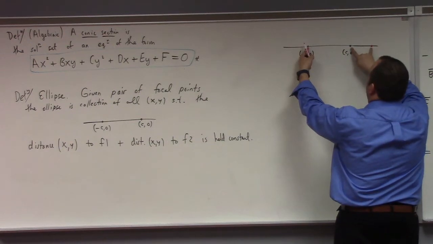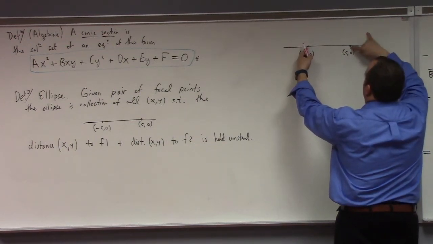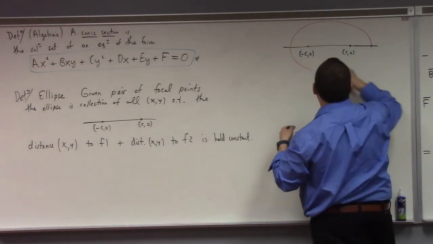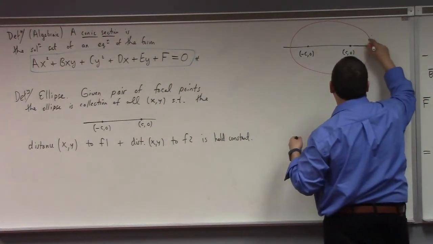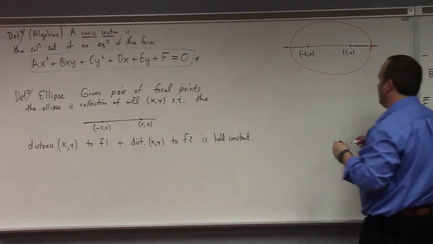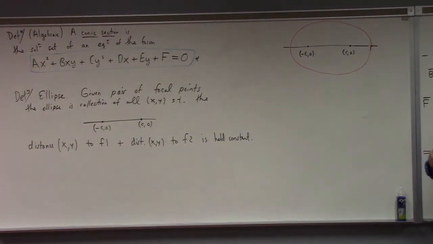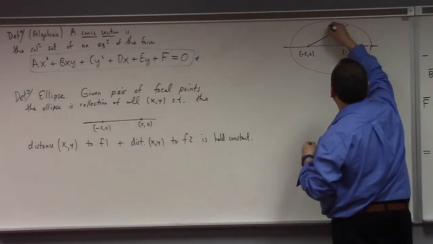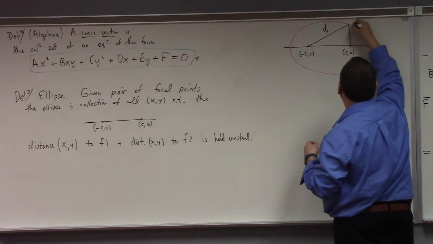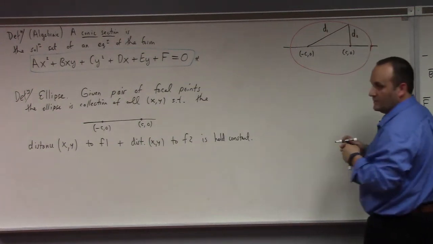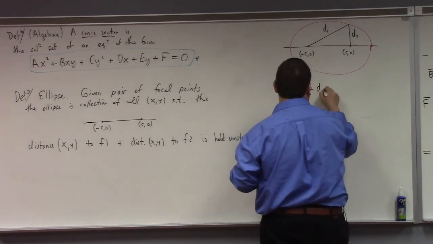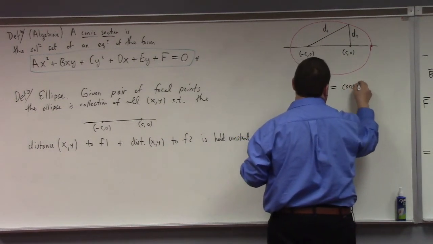I have an animation that I'll show you to visualize that better, but let's actually work it out. So this is, say, D1. This is D2. And we're saying that D1 plus D2 is equal to some constant, right?